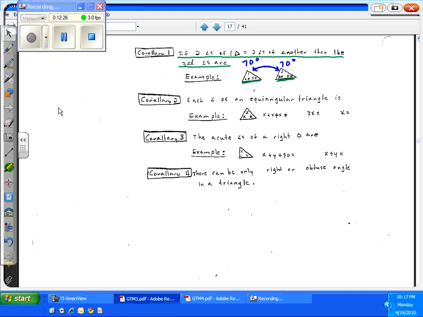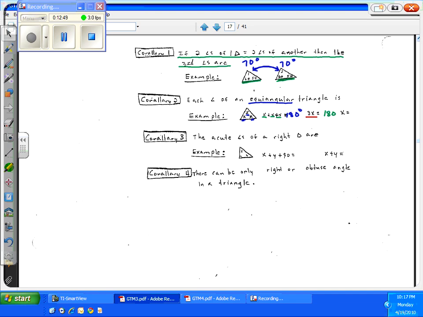Each angle of an equal angular triangle is 60 degrees. Now we can reach this conclusion because if all of the angles are equal, we call it equal angular. The sum of all of them is 180 degrees. When we combine like terms, we get x plus x plus x, which is 3x, is equal to 180 degrees.